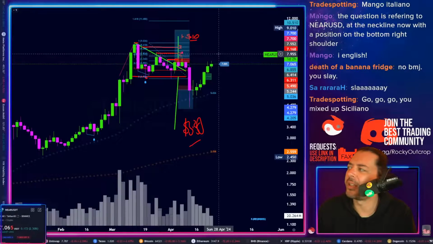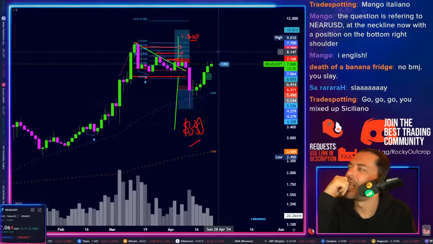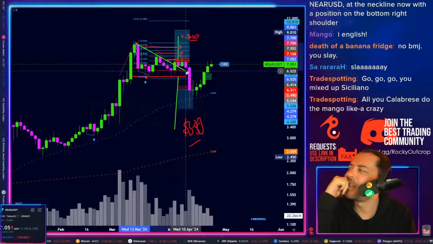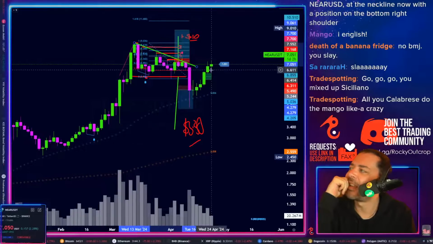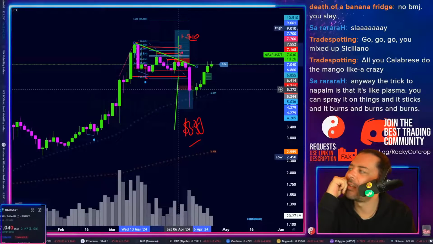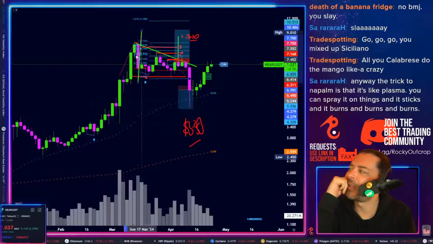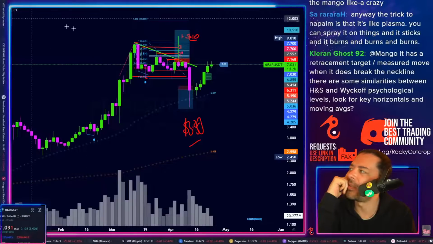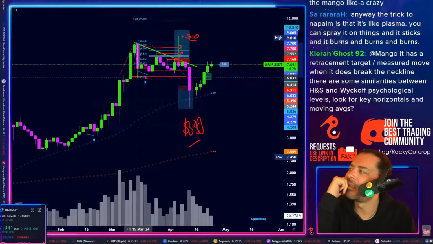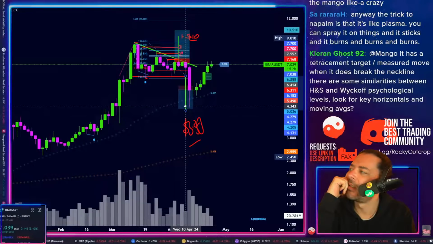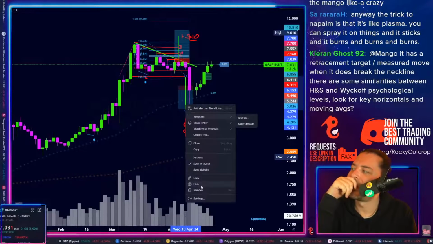Well, it didn't actually get high enough to take the trade, really, so that's fair enough. In the end, that's essentially what happened. On NEAR, it broke down. This looks far too big for the measured move. Don't know why that's like that, to assume that that isn't the measured move. Got most of it.